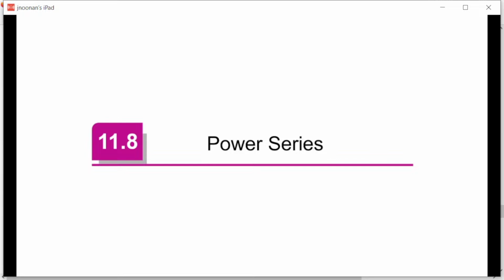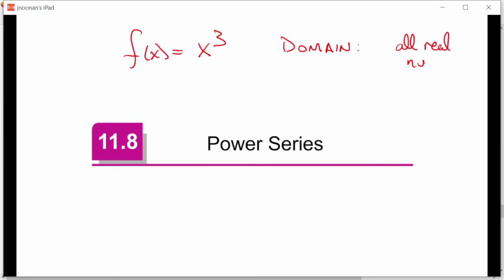So for example, f of x is equal to x cubed. That is a function. And you can talk about the domain of that function, which is going to be all real numbers. Easy enough.